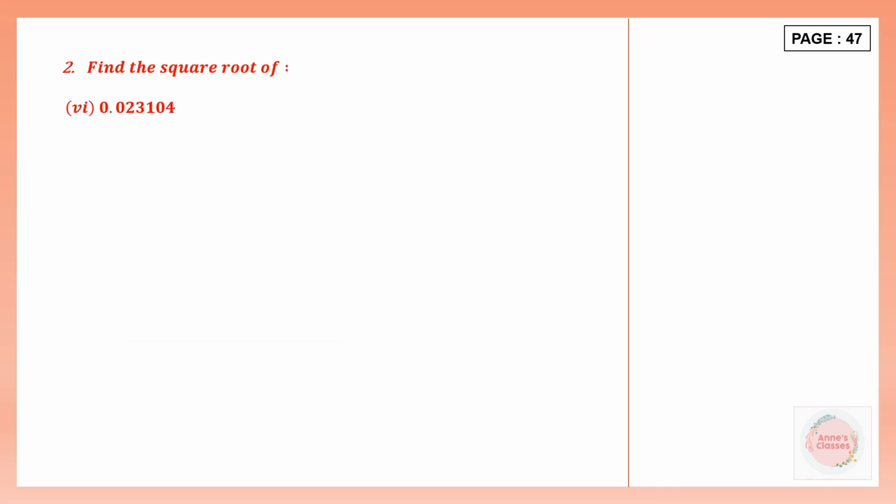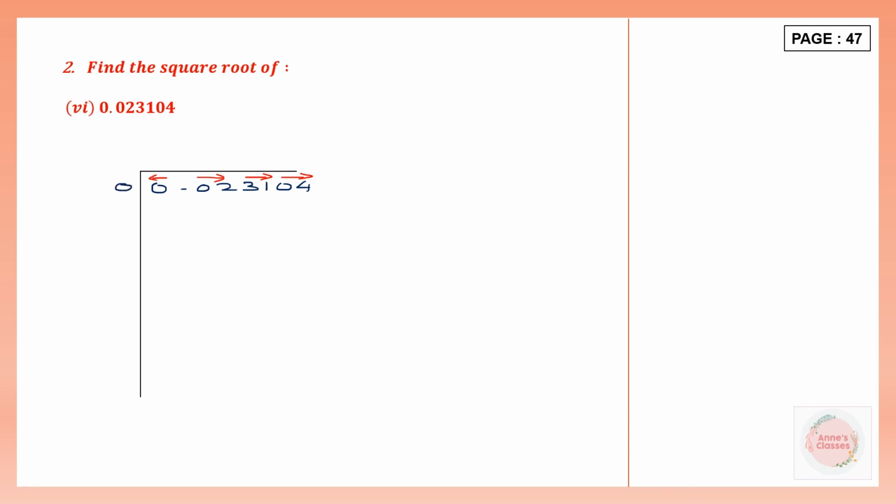Question 6. So let's write down this number, draw the lines and write your number 0.023104. Again, the whole number we move from right to left, whereas the decimal part we move the other way. So this is one pair, this is the other pair, and this is the third pair. So look at the first number. It is 0. That means 0 into 0 is 0.